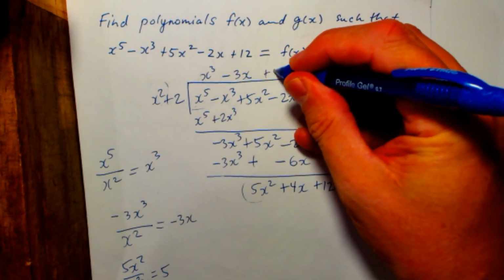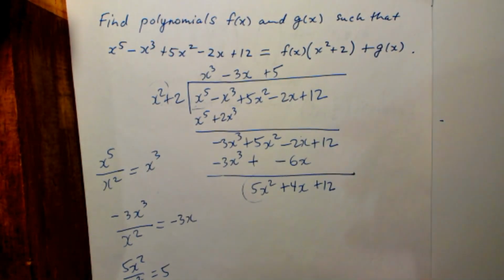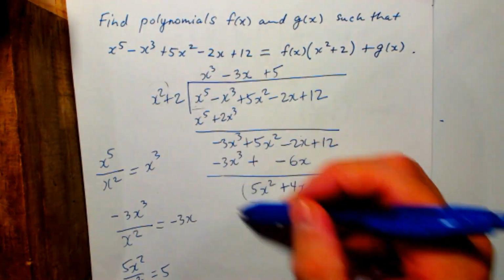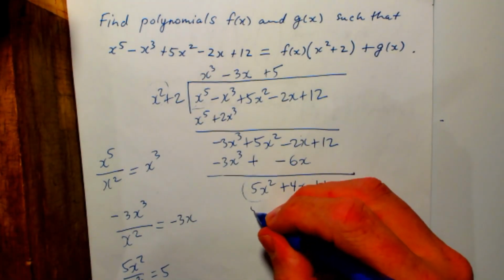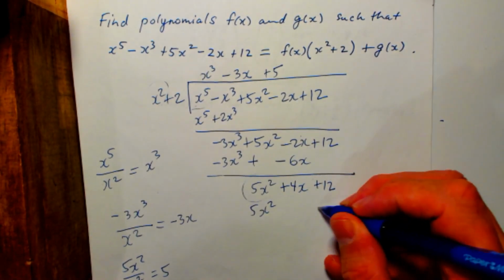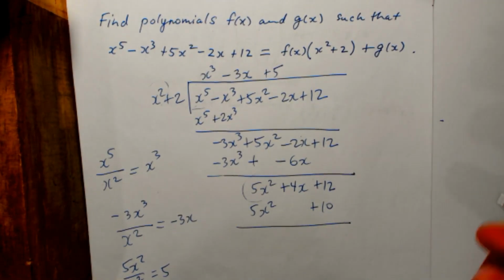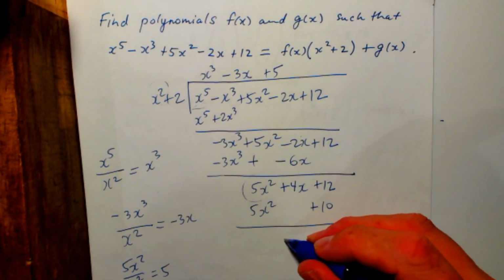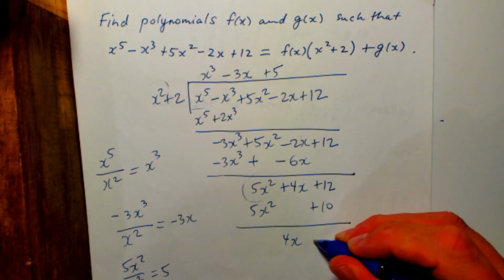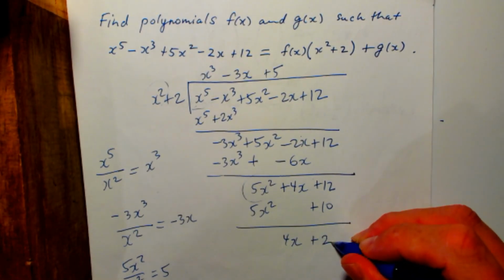So we write our 5 up here. We multiply 5 times all of this, and we write it below. So we have 5x squared plus 10, and I'm writing it below the single number there. Okay, taking the difference, we have 4x plus 2.